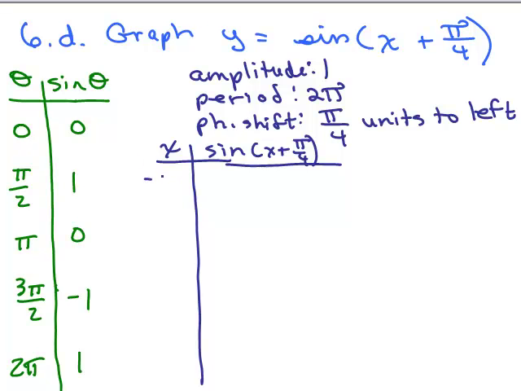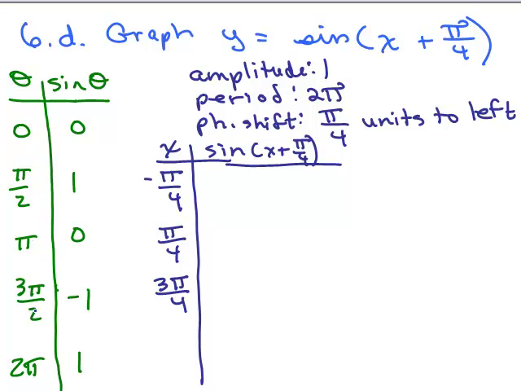Instead of 0, it's negative pi over 4, and then you're going to have pi over 2 minus pi over 4. So you're subtracting pi over 4 from each of these x values that I've written as theta. So that's going to be pi over 4. And then pi minus pi over 4 gives you 3 pi over 4.